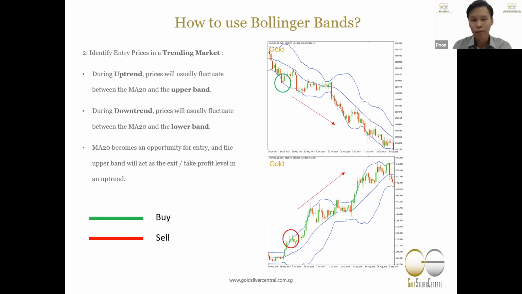In the uptrend, prices will hug closely to the upper band. So for price correction, they are more likely to revert back to mean, which is your moving average 20, the middle line. And at that price point, that will be the opportunity for entry. So it will revert back to mean instead of the lower band for uptrend.